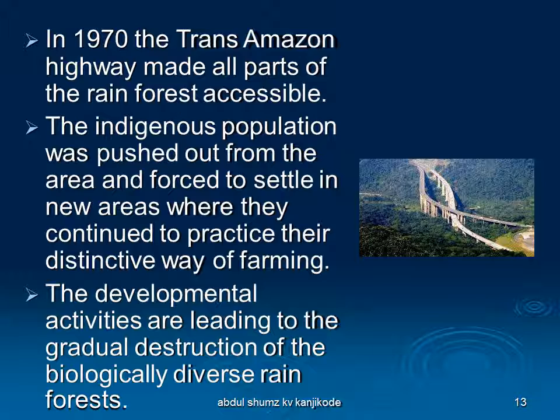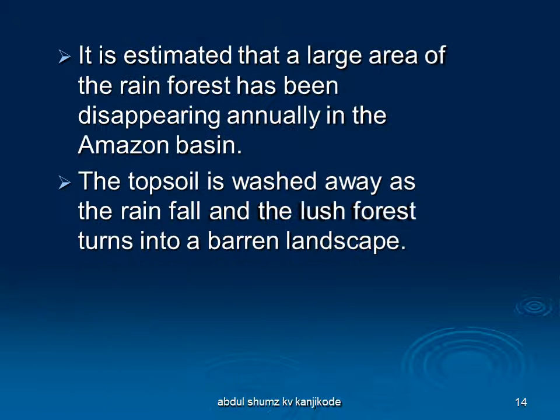The developmental activities are leading to the gradual destruction of the biologically diverse rainforest. It is estimated that a large area of the rainforest disappears annually in this basin. The topsoil is washed away as the rain falls, and the lush forest turns into a barren landscape.